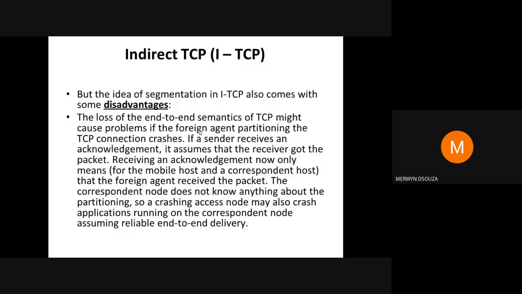Similarly, the foreign agent, or supervisory host, is connected to the mobile host through an optimized TCP, just like ITCP. So it splits the connection into two parts. But in ITCP, the end-to-end semantics is lost, whereas in MTCP, the end-to-end semantics is maintained. We'll understand how mobile TCP maintains the end-to-end semantics. Let's look at how MTCP works.